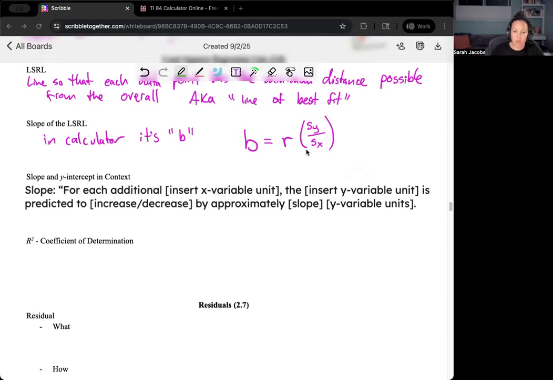Okay. Every single time, this is how I want you to interpret the slope. Every single time, write it this way. So I'm putting it in quotes.